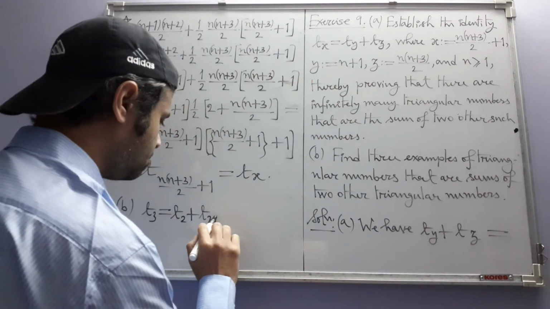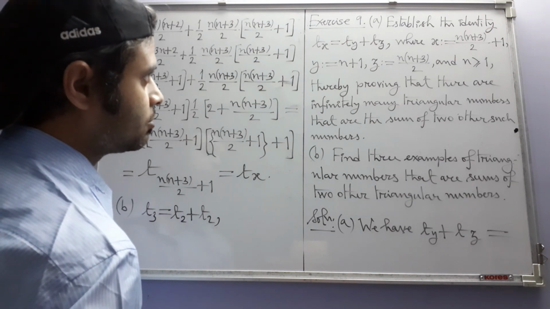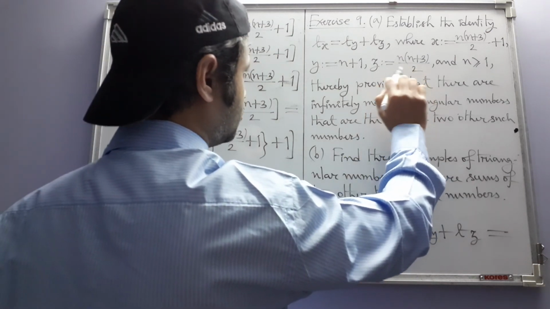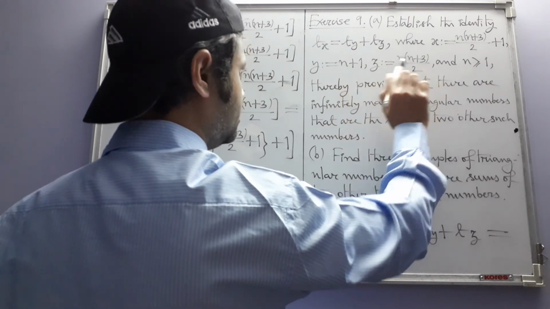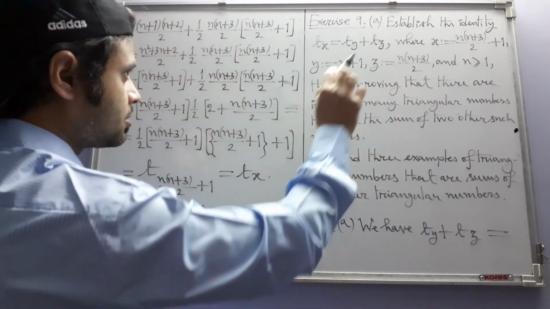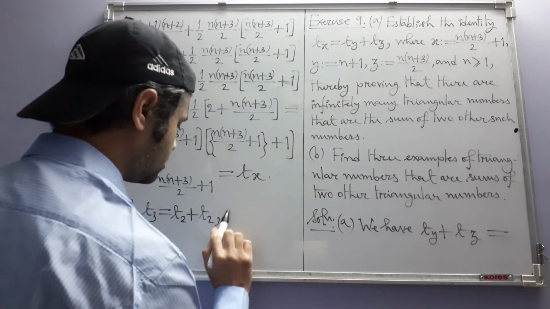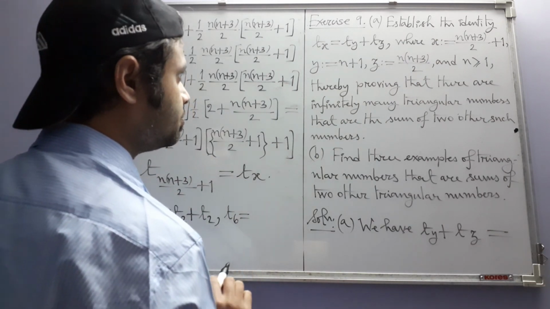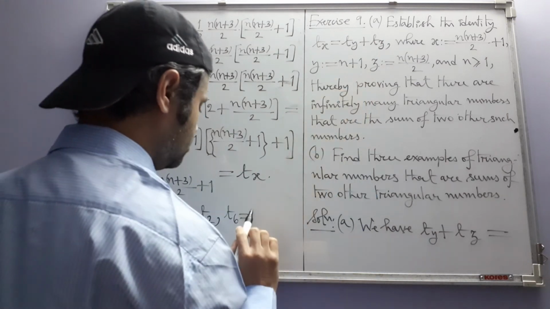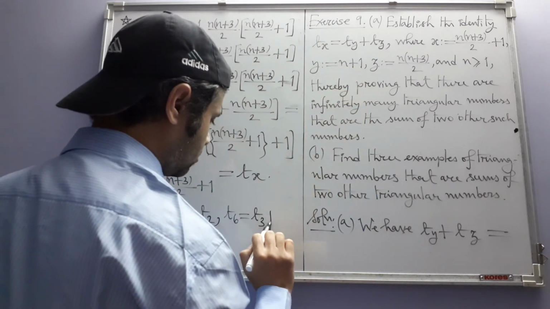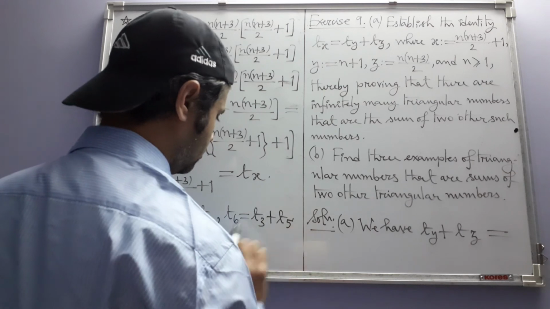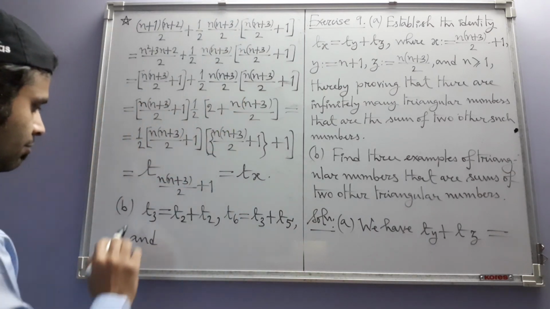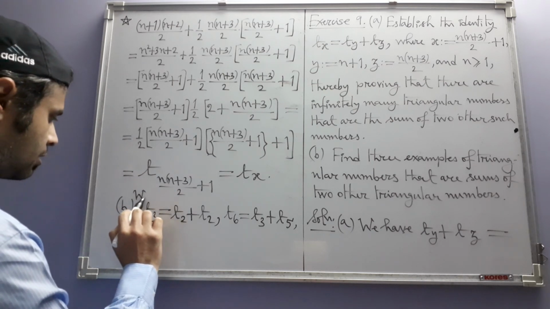Like that, if we put n equal to 2, okay, let us see here, 2 and 2 cancel each other, 2 plus 3 is 5. So that means 5 plus 1 is 6. So T6 is equal to T3 plus T5. And in fact we can start like this.